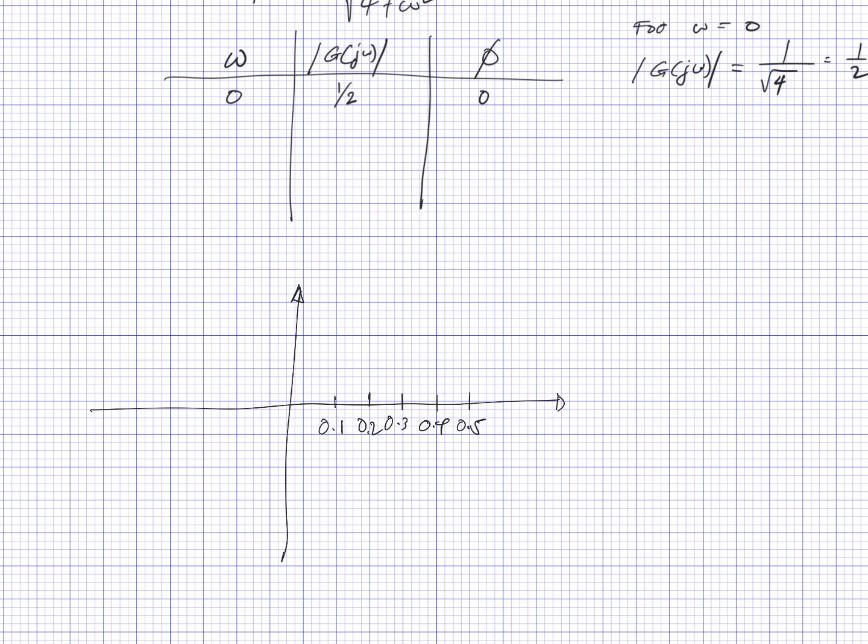So we could see that for omega equals 0, it will be right here. I forgot to put in the labels. That is very important. And we'll write here 1, 2, 3, 4, 5. We'll also put that as 0.5, negative 0.4, negative.